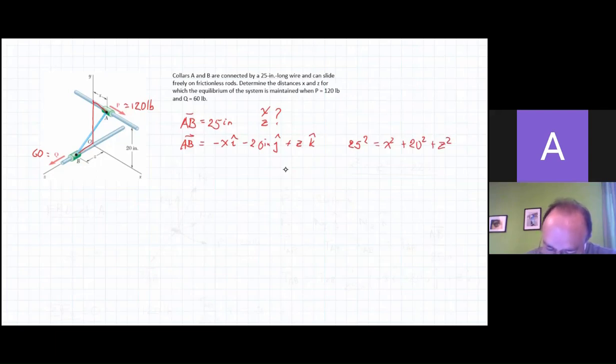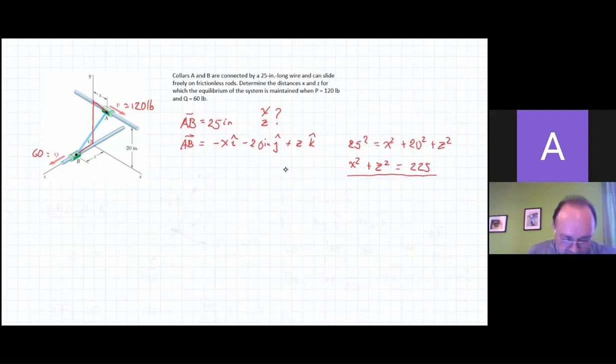So we know here that x squared plus z squared equals 25 squared minus 20 squared, so this is 225. Okay, so we have this first equation that is going to be useful. Now we need just another equation, and we have two equations with two unknowns.